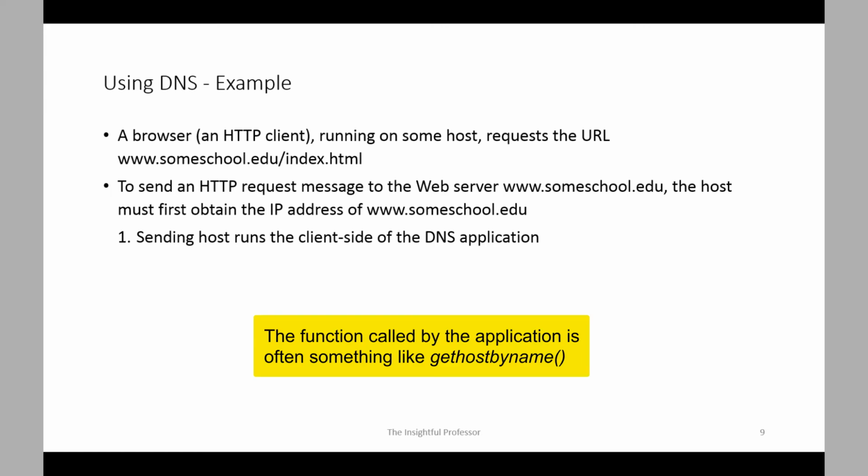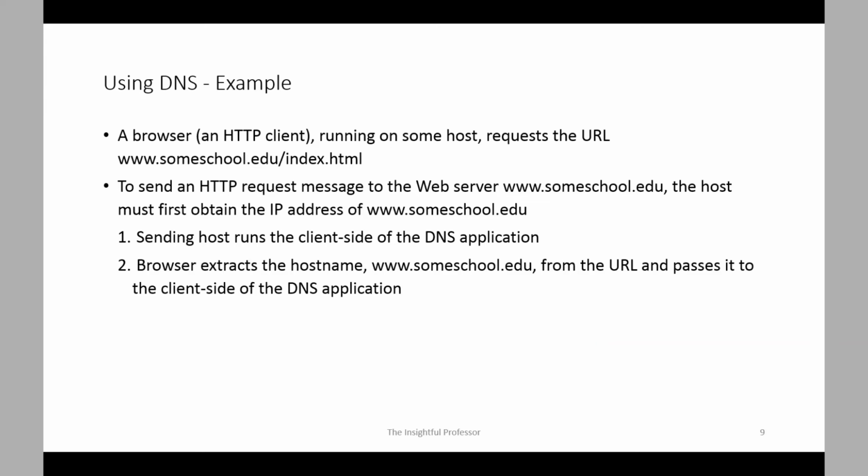The sending host runs on the client side the DNS application, invoking the resolver. The browser extracts the host name from the URL and passes it to the client side of the DNS application. The DNS client sends a query containing the host name to a DNS server.